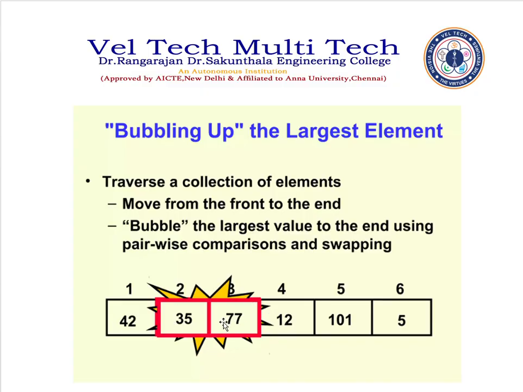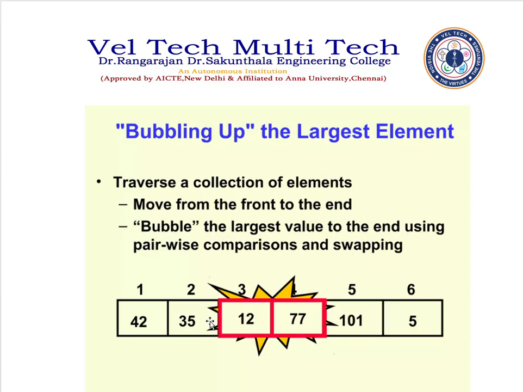Again they are in the incorrect order, so we have swapped their places. 35 and 77 have come to their correct position. Now when we bubble up to the next two adjacent elements, 3 and 4, the elements are 77 and 12. They are in the incorrect order, so we need to swap them to their correct order. The result is displayed over here.